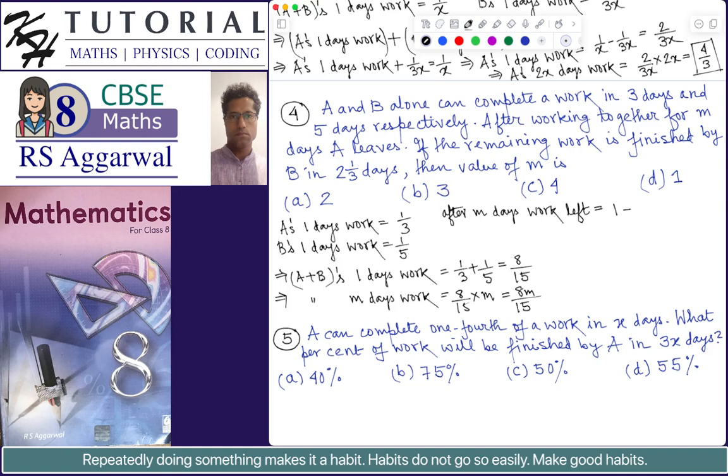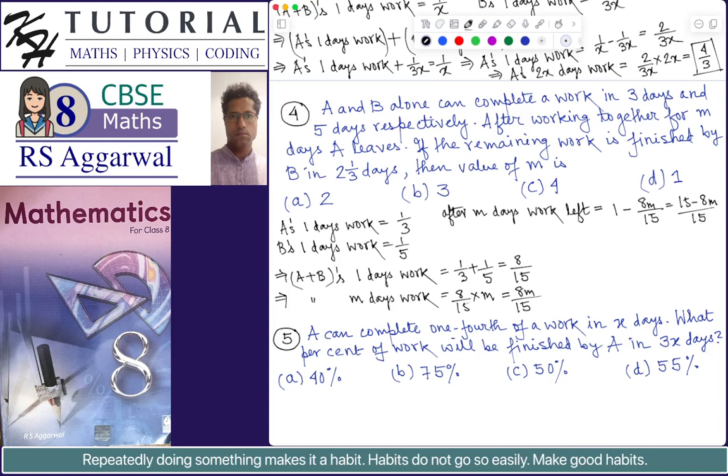So the work left is 1 minus 8m by 15, which is equal to 15 minus 8m by 15. This is the work left which needs to be finished by B. Now it is given that this remaining work, 15 minus 8m by 15, is completed by B in 2 and 1 by 3 days.